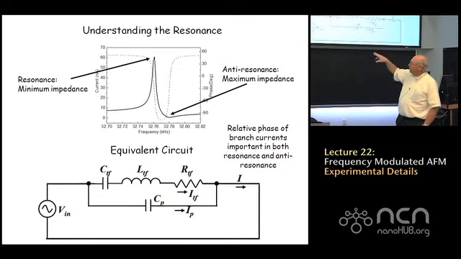And the reason this curve has this shape is because it's an electronic component, right? And electronic components or electronic circuits can have various shape resonances. Basically what's happening is the current through the tuning fork peaks when the impedance of the tuning fork reaches its minimum value, right?